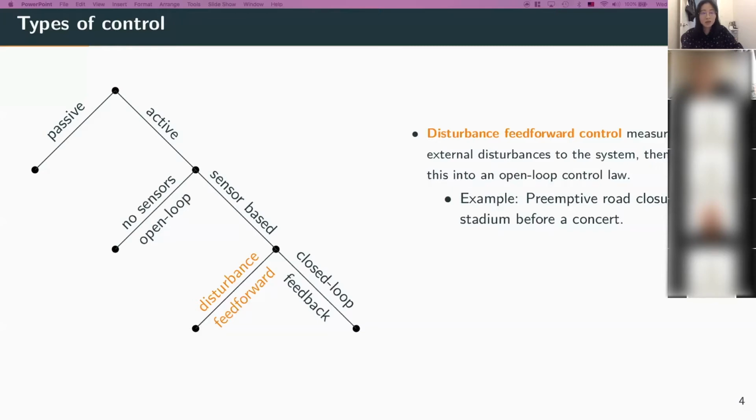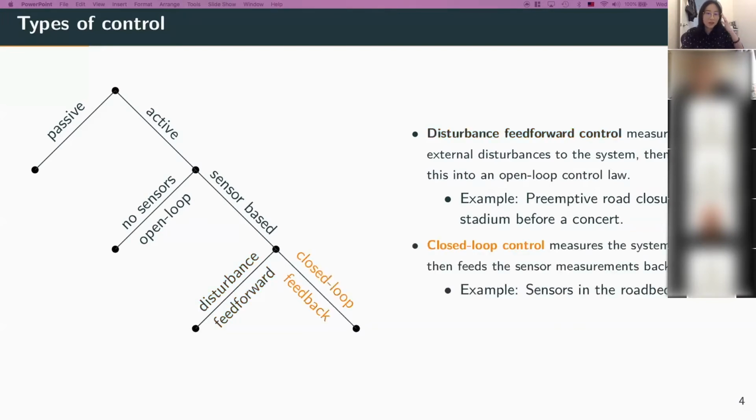The reason it's feed-forward is that the road closure does not listen to the actual traffic in a continuous manner, and it doesn't tell the traffic regulators how to dynamically change the road closures.